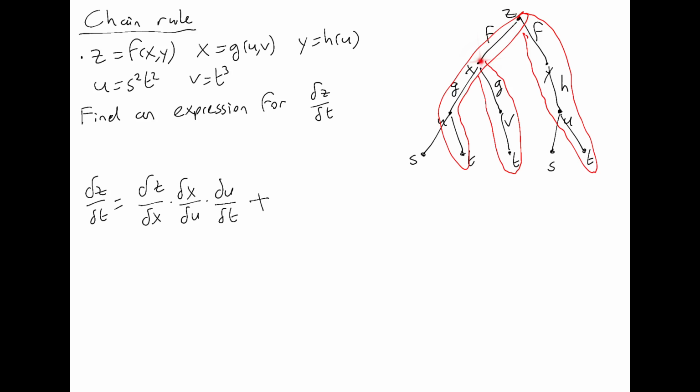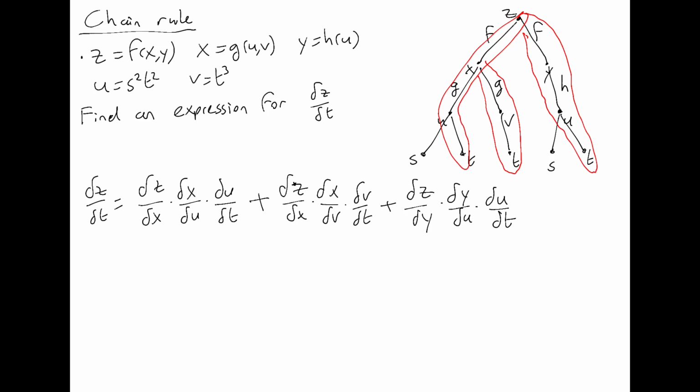From z to x, from x to v, and from v to t. So dz/dx times dx/dv times dv/dt. And then the last one, which is the rightmost one, is from z to y, from y to u, and from u to t: dz/dy, dy/du, du/dt. Okay, so that finishes that step.